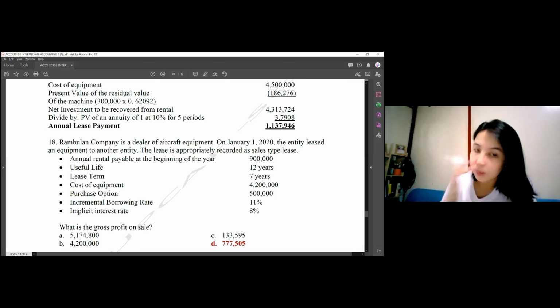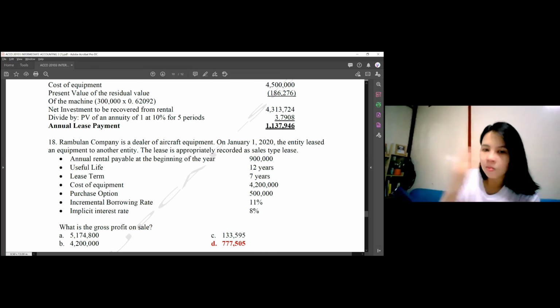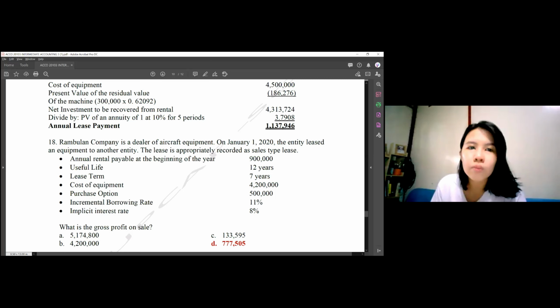We'll get 5.2064 rounded to 4 decimal places. So multiply natin yun by the annual rental payable at the beginning of the year, 900,000. We'll get 4,685,467.